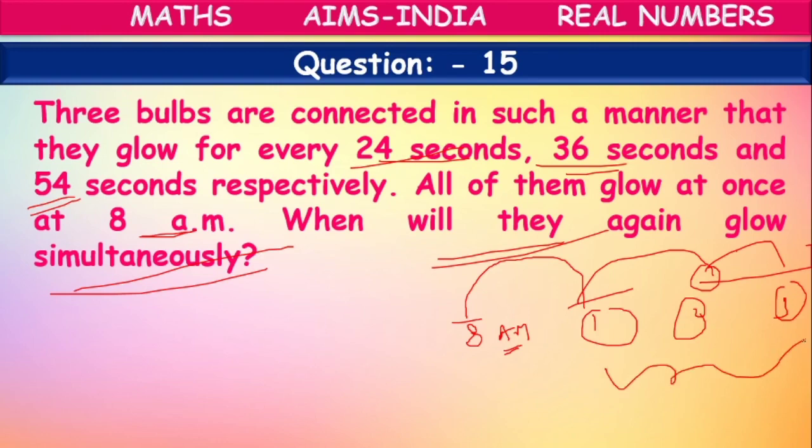Like that so many cases may be possible. But what they are asking, after 8 am, in which case will they glow together? Means out of so many cases, the first case we have to consider. So least common multiple we have to consider for these 3 numbers.